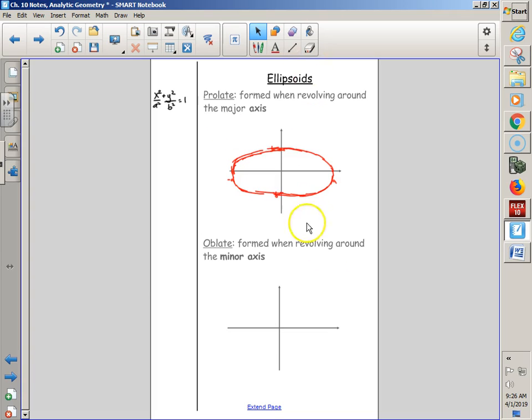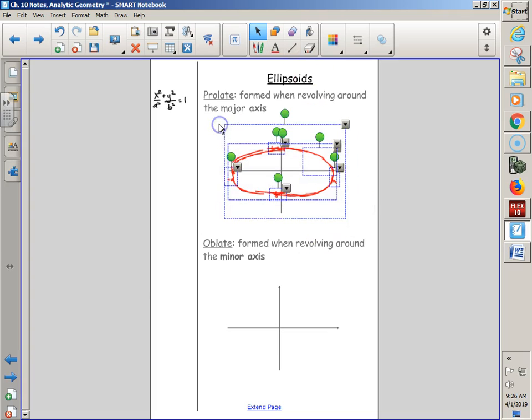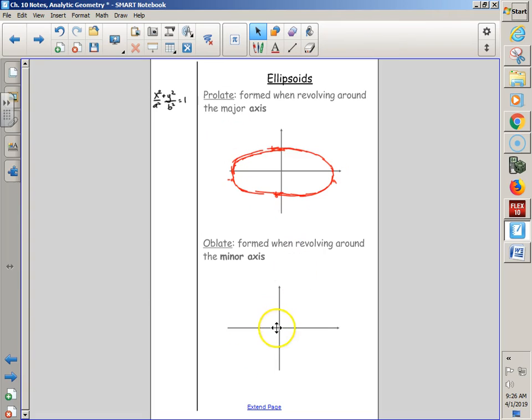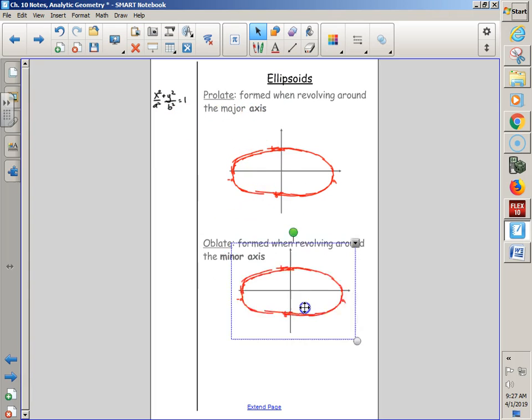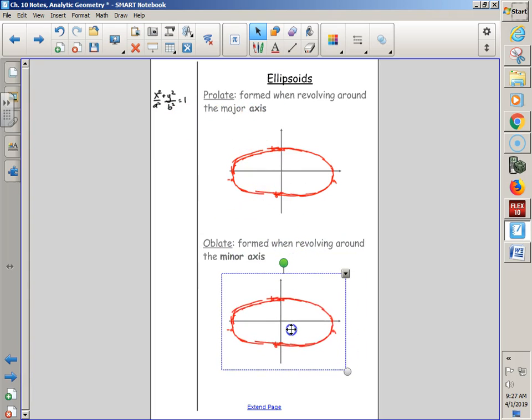One way of doing this, spinning, is around the major axis, and the other way of spinning is around the minor axis.